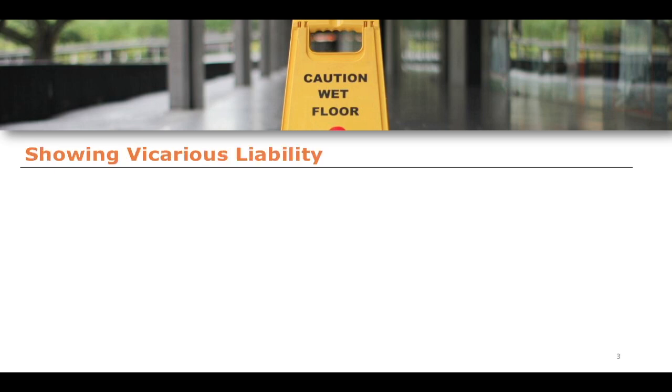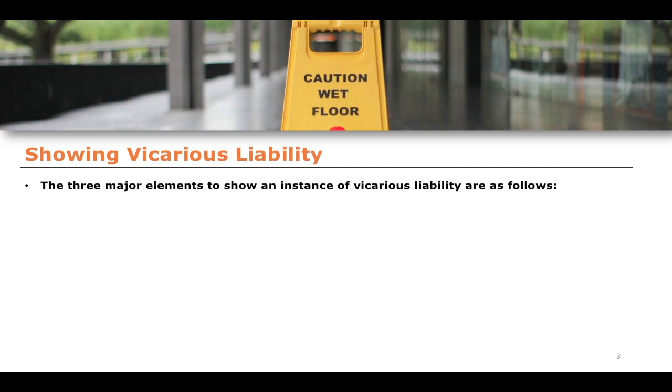And so fundamentally, when it comes to showing vicarious liability, we have to show those three circumstances. Remembering back to the previous lesson, the three major elements to show an instance of vicarious liability are as follows. Firstly, there has to exist some tortious action and or omission. Some kind of tort has to have taken place or failed to take place that gives rise to tortious liability.